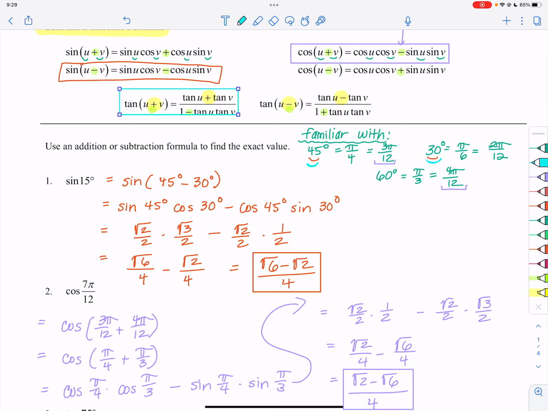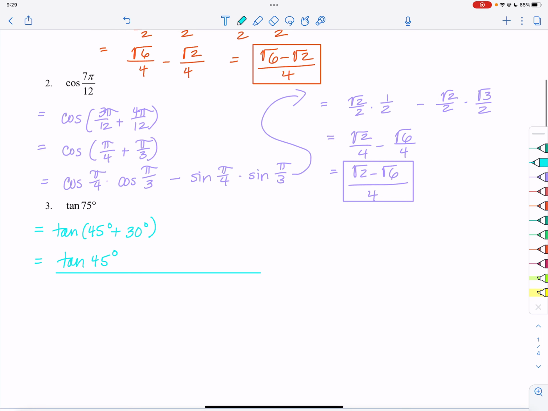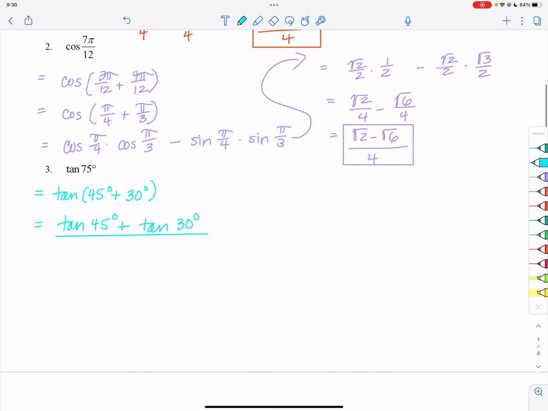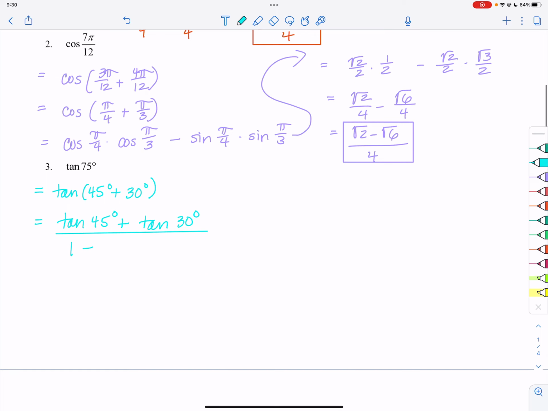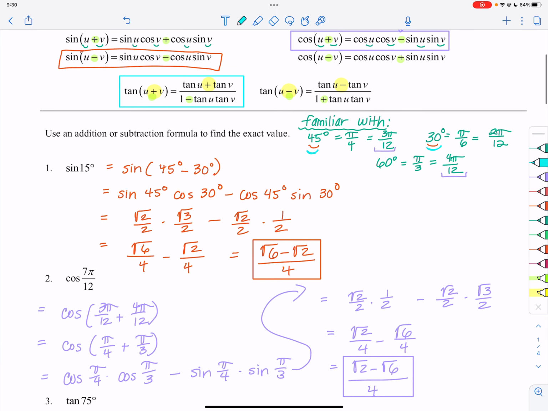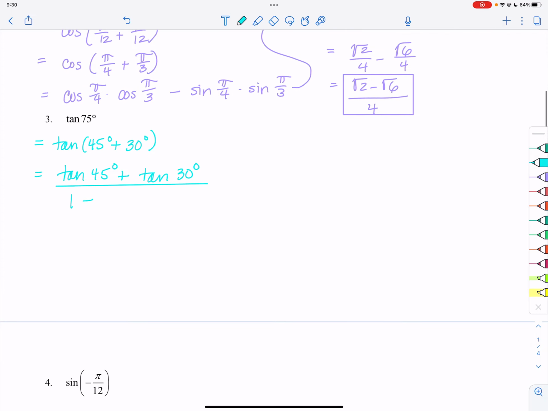As you can see, we're going to have this plus sign, which is the same, in the numerator, plus the tangent of 30 degrees, all divided by 1 minus, and then we will have the tangent of each one of those angles multiplied together.